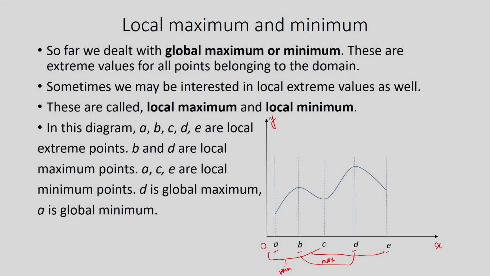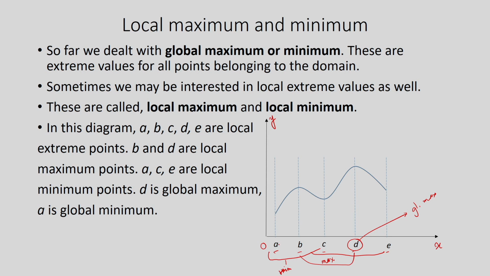So this is how global and local are different. These two are the local maximum points B and D, but out of these two local maxima there is only one global maximum, which is D. So D is the global maximum, because between B and D, at D you have a higher value of the function.